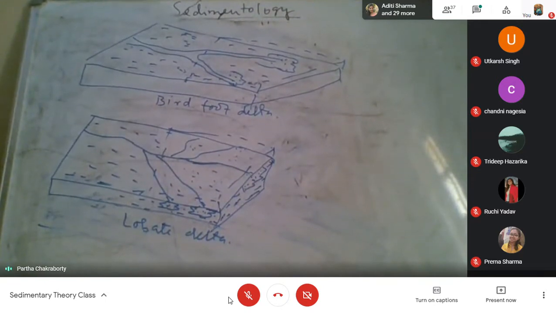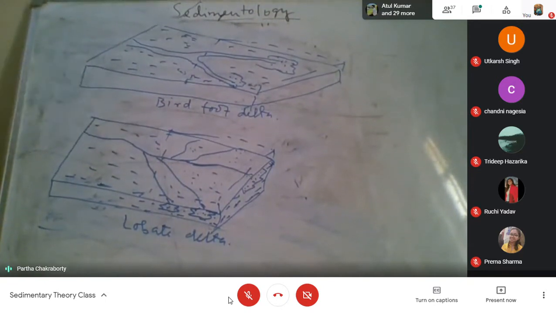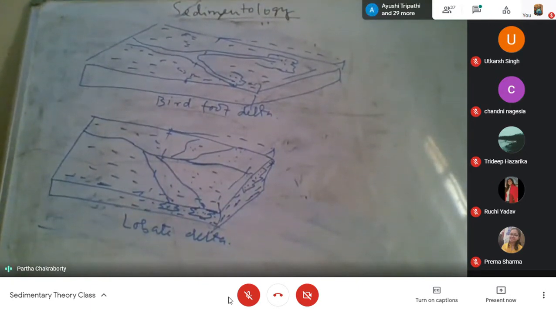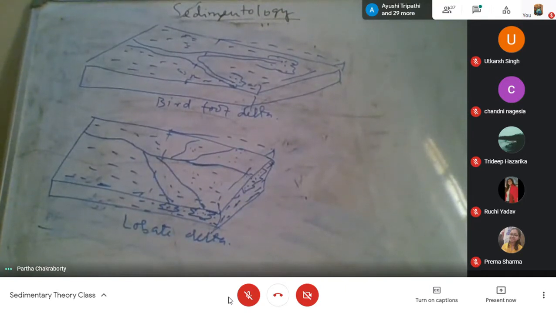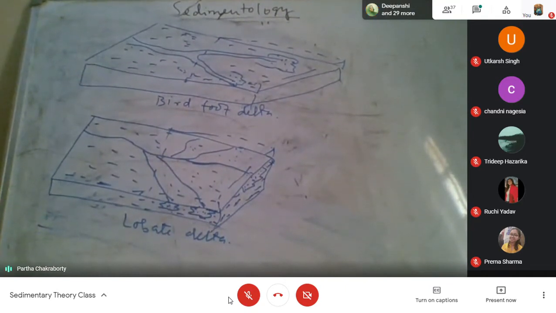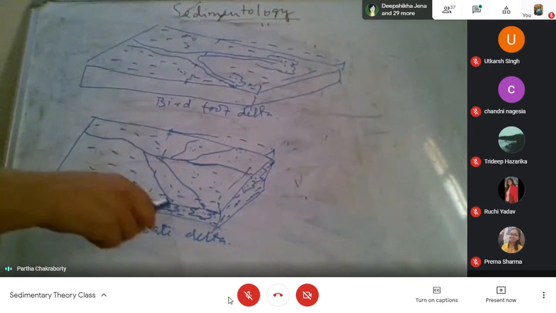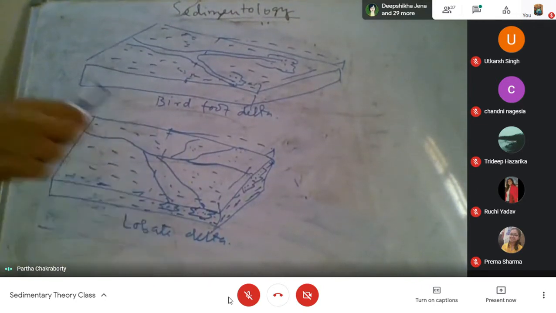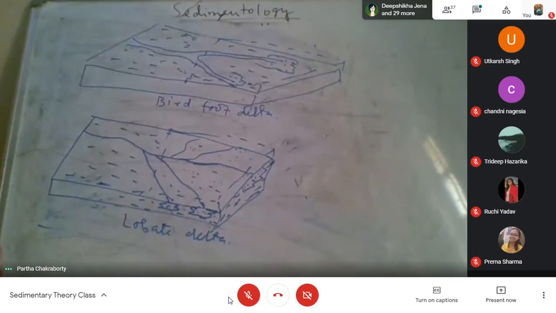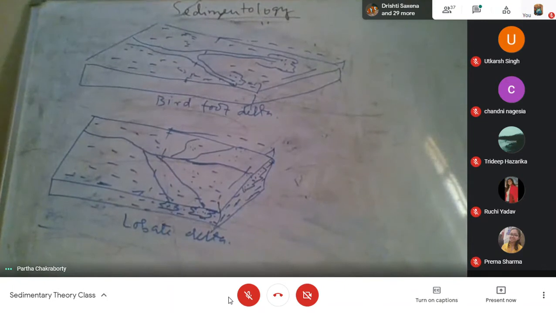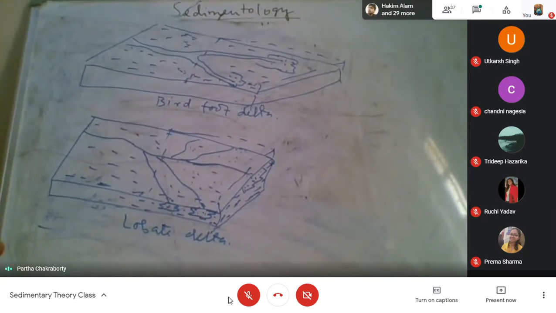One lobe overlaps the other, another lobe overlaps the other, and each lobe is a producer of hydrocarbon, producing for several decades. It is not that I am drawing it on the board in some size. Each lobe can be several hundreds of square kilometers in area, a single lobe. That is what is called the mouth bar.